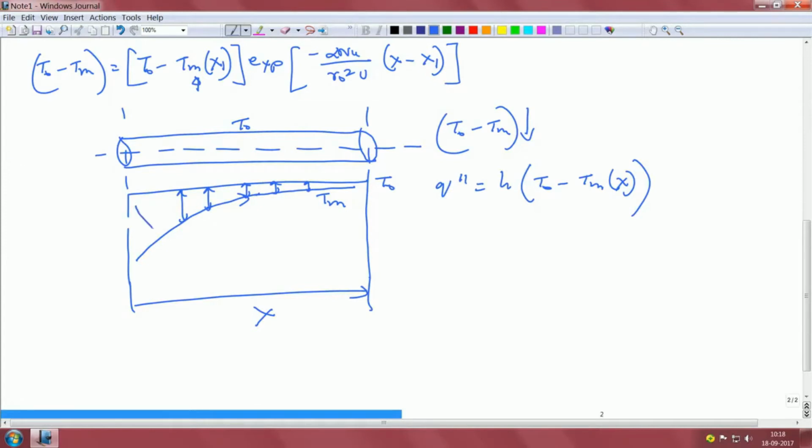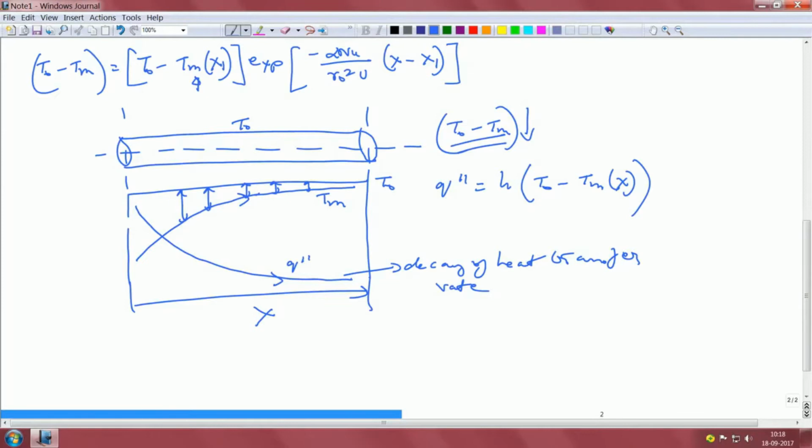In other words, this comes down like this. So there is a decay of heat transfer rate, and there is a decay in T naught minus Tm.